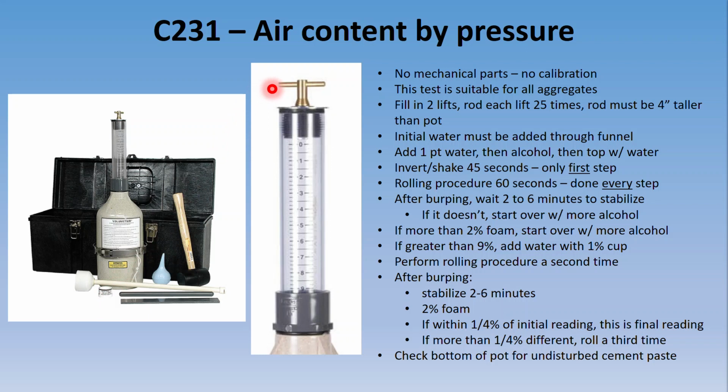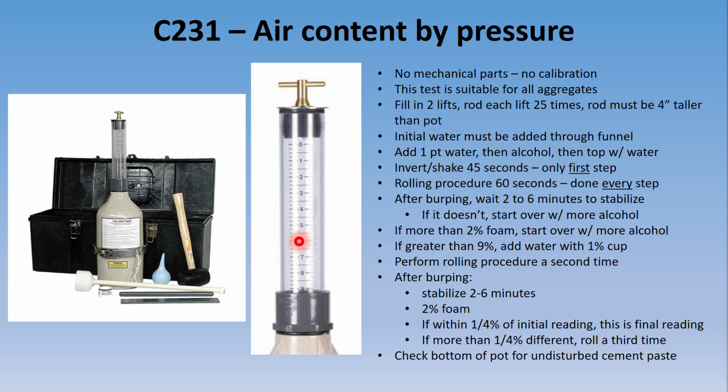So maybe you've added 5, and if by adding 5 little cups, that brings the water level up to the number 6, your air content would be, right, 6% that you're reading plus the 5% that you had to occupy with water. So your air content would actually be 11% if you had to add 5 little cups of water to bring it up to the 6 line. Doesn't matter how many cups you add, you just have to know how many so you can keep track and count.